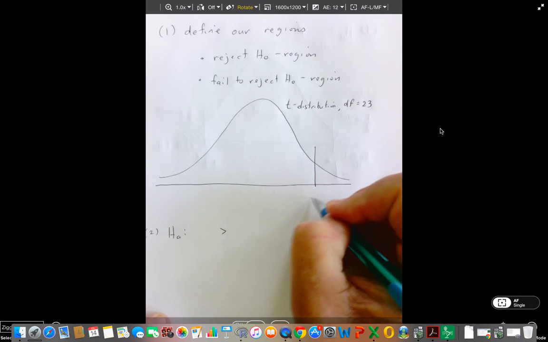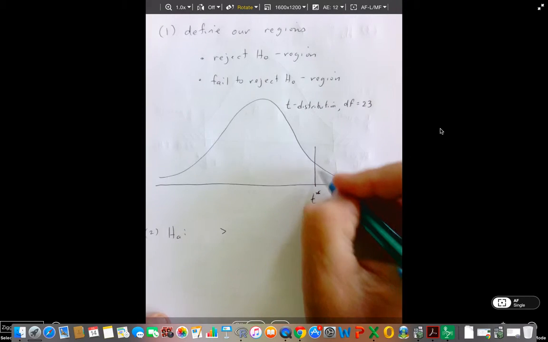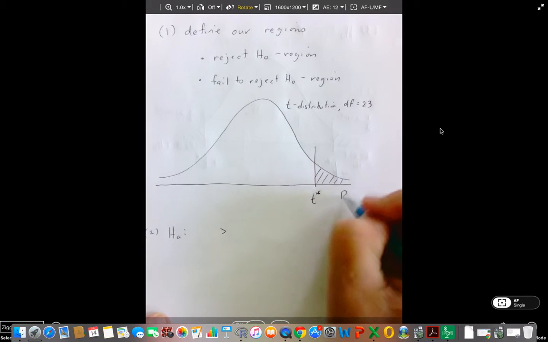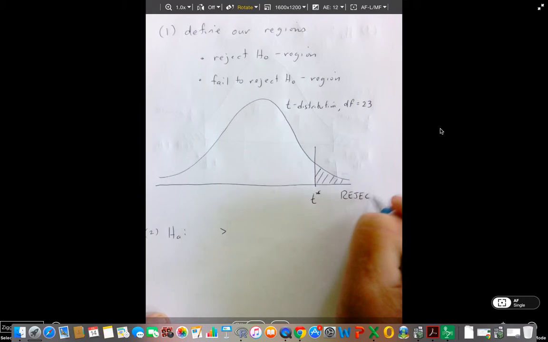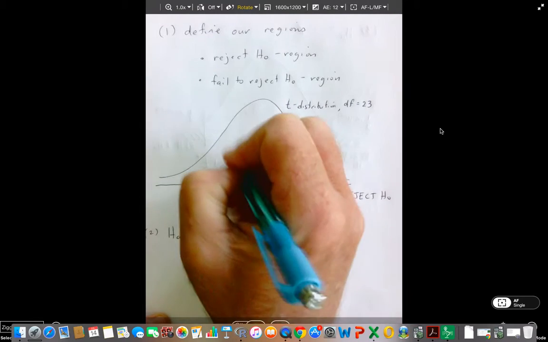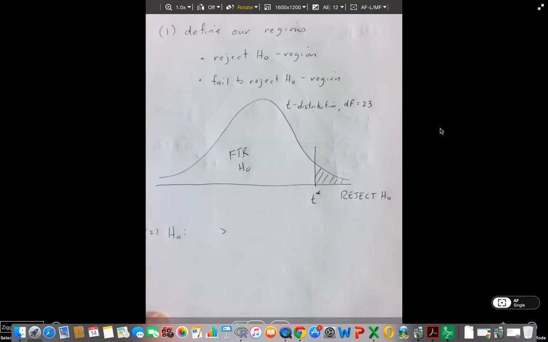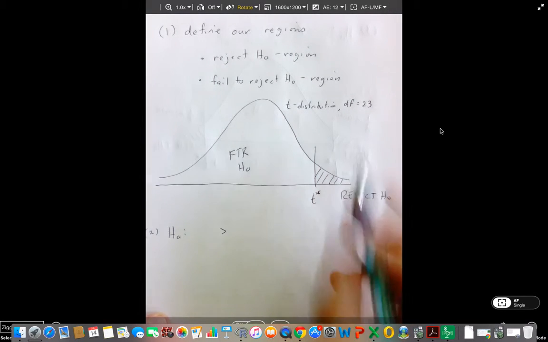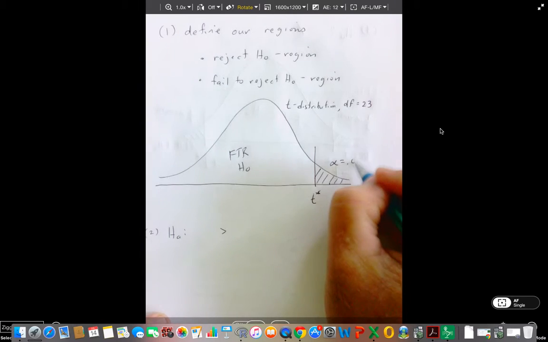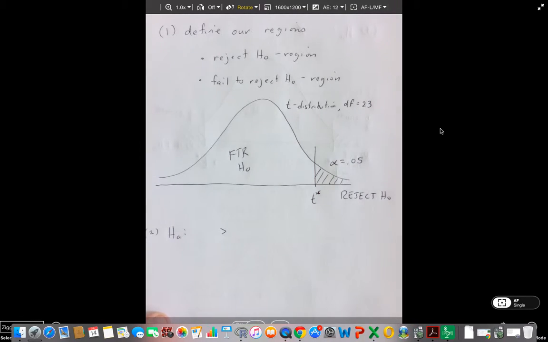So our rejection region, there's going to be some value here that's going to separate the reject region and the fail to reject region. How much is up here? Alpha. So our alpha is 0.05.